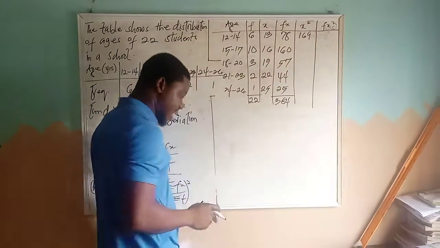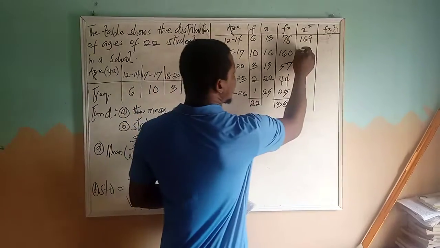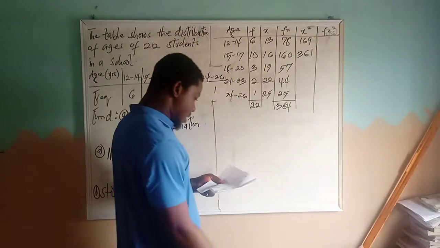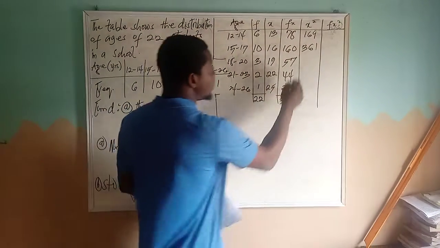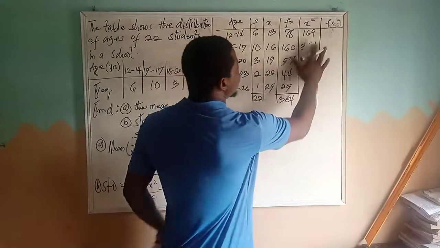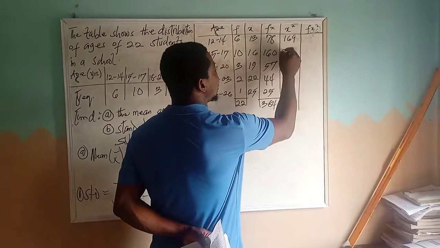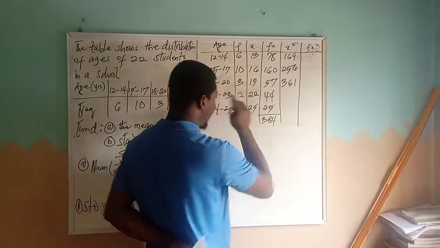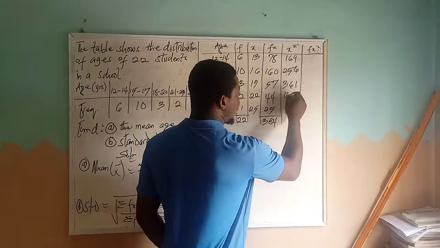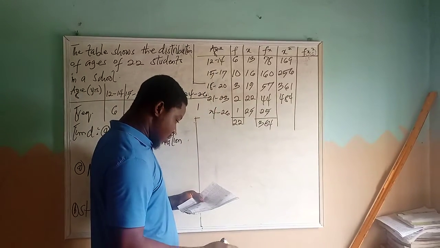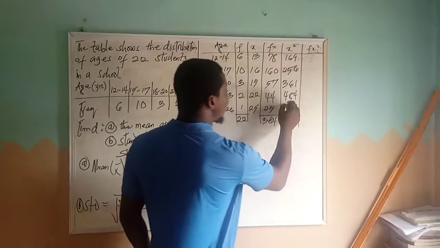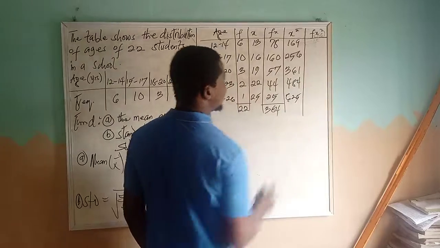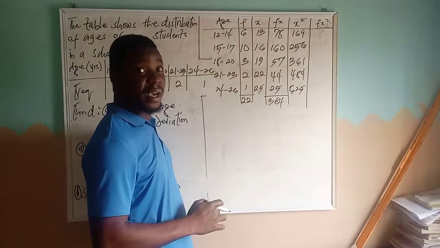And then if you square 16, you have 256. And if you square 19, you have 361. When you square 22, I think you have 484. And then when you square 25, you have 625. Okay, that becomes your x squared column.